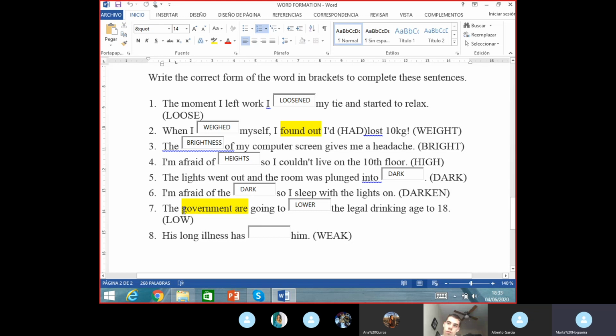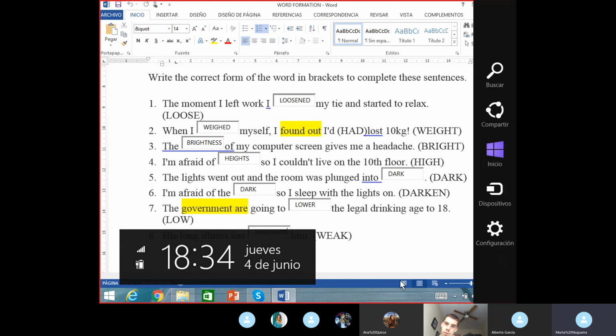But if I take this word as a community of people, of politicians forming a government, I would be considering this word plural. So this is correct. Okay, governments are. And the last one, his long illness has weakened him.